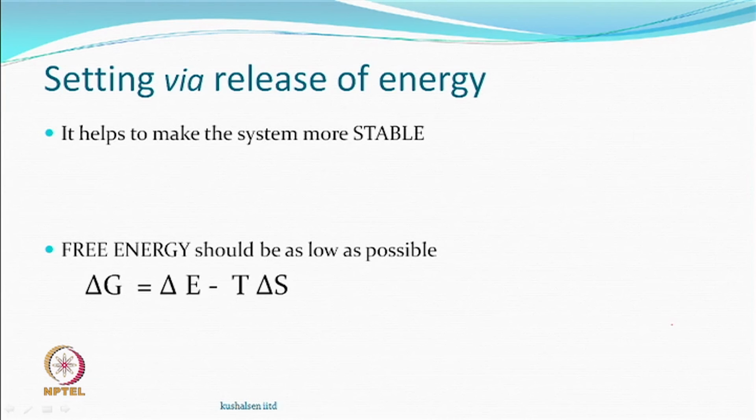So, the simple equation that you have already gone through, the free energy equation. So, we have delta G is equal to delta E minus T delta S. So, we understand one term called the entropy, and this is the internal energy.